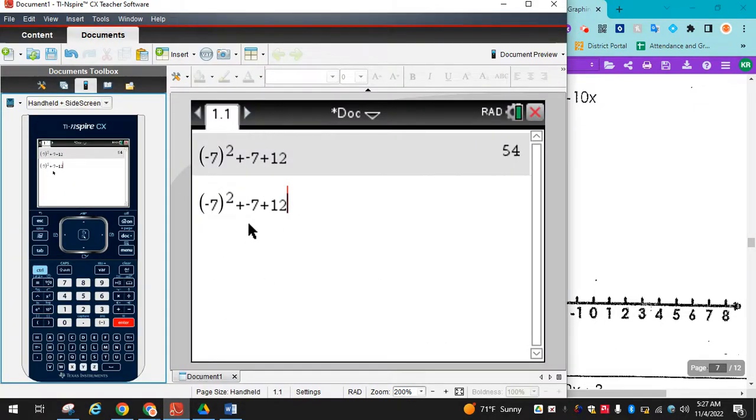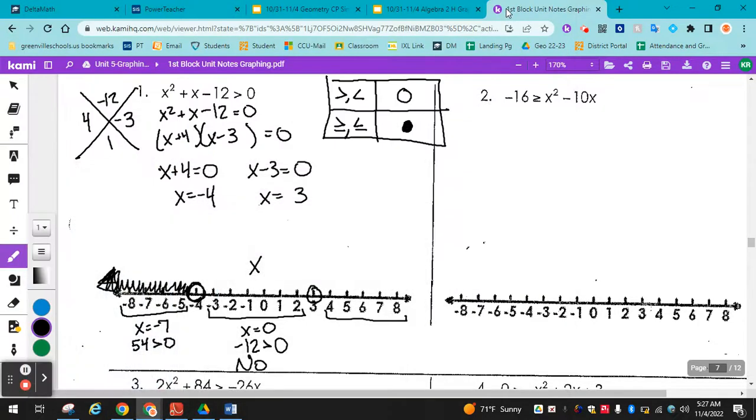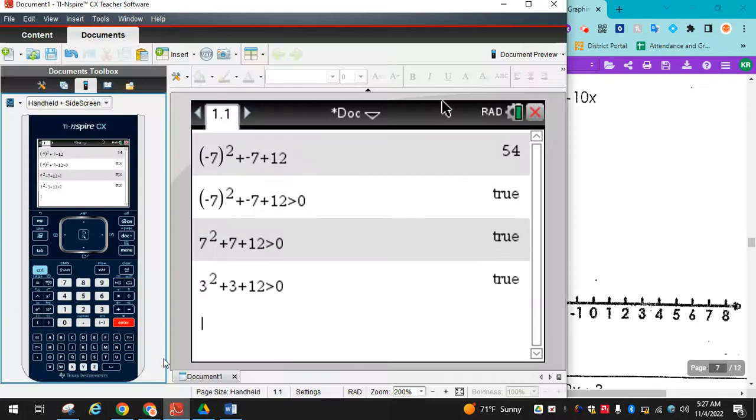If you plug it into the calculator, this calculator also has greater than or equal to signs. If you do control equal to, greater than 0, it'll tell you if it's true or false. And then just to check, you can do a positive 7. That'll be easy. That is also true. If you did plug in one of your solutions, like 3 or negative 4, it's minus 12.